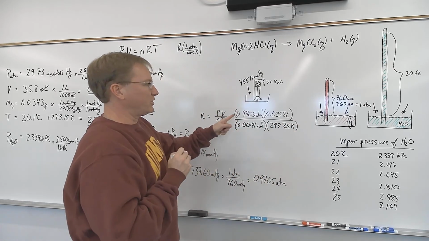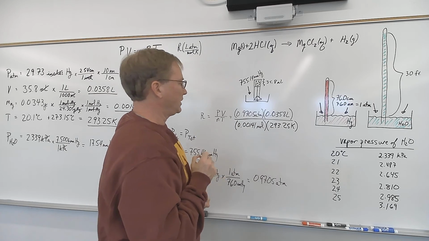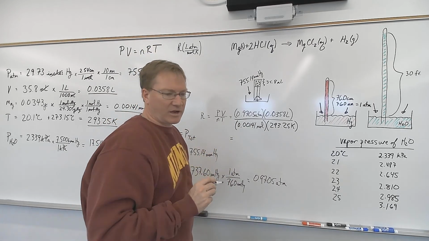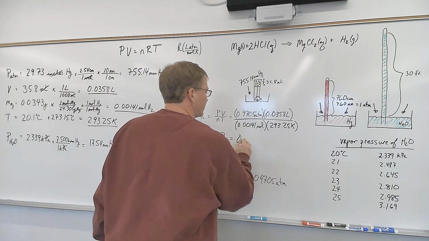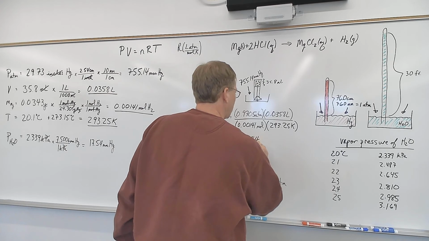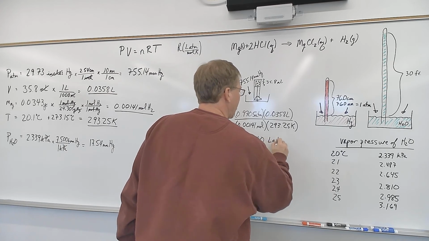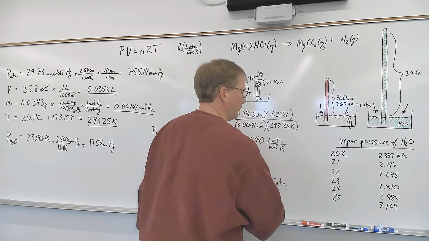I've got all the units that I want in there, liter atmospheres per mole Kelvin, right? If I simply do that calculation, what I get is that R is equal to 0.0840 liter atmospheres per mole Kelvin.